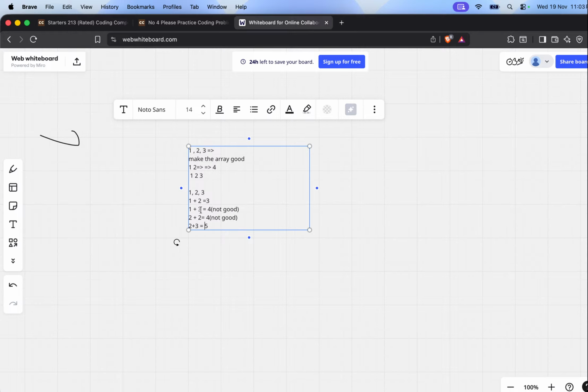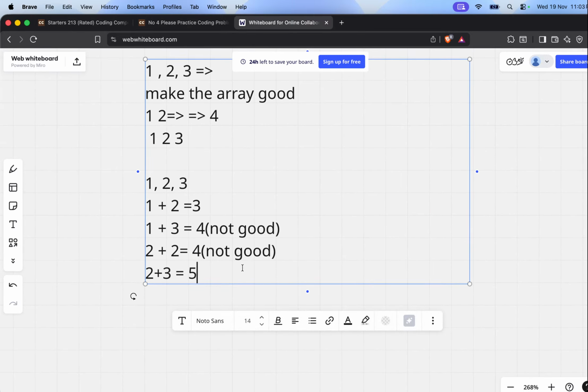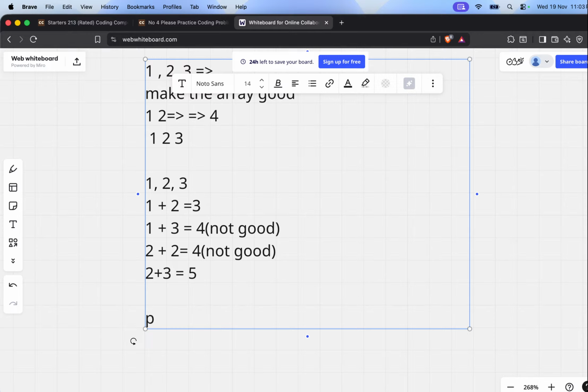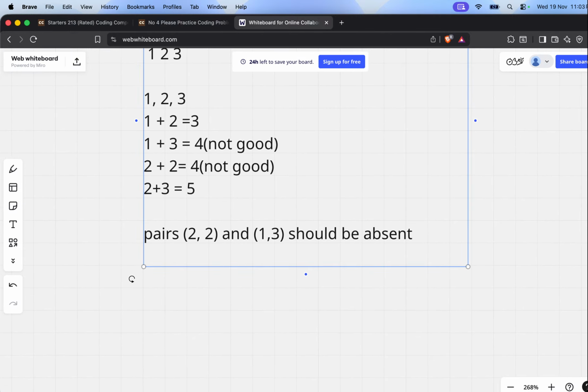So we need to make sure that the pairs 2 comma 2 and 1 comma 3 are absent, right? So what is the way to make sure that these pairs are absent?